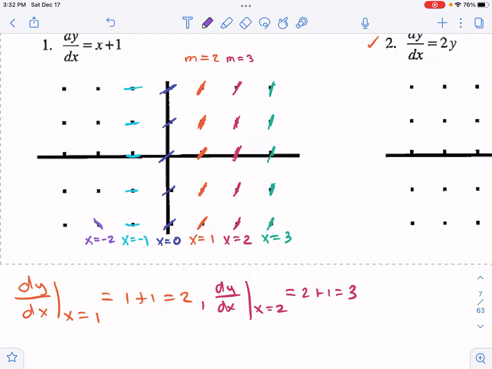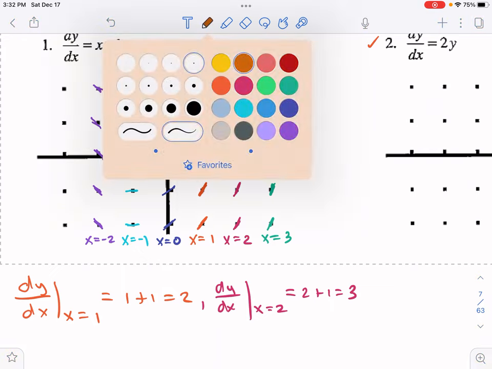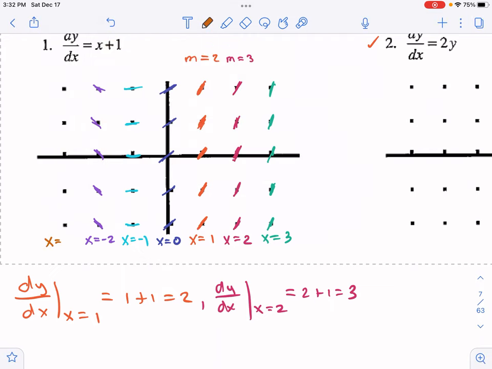So that's a slope that looks like this. And lastly, how about when x is -3? When x is -3, -3 plus 1 is -2. So I just need to indicate a slope that's negative and steeper than the one when x is -2. So this will probably do.